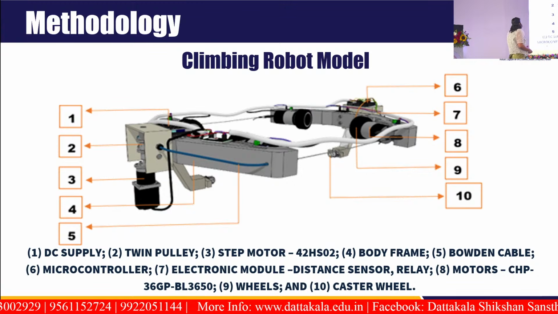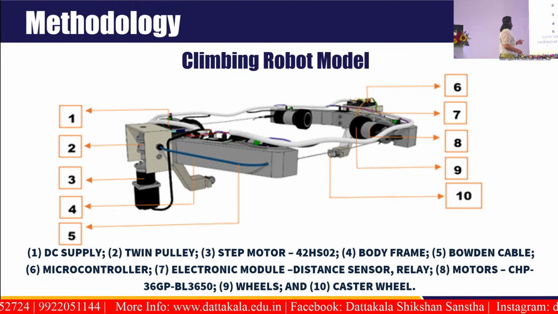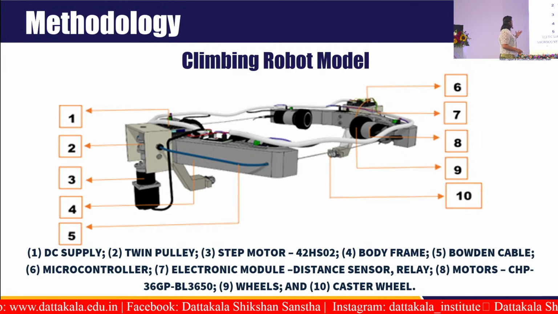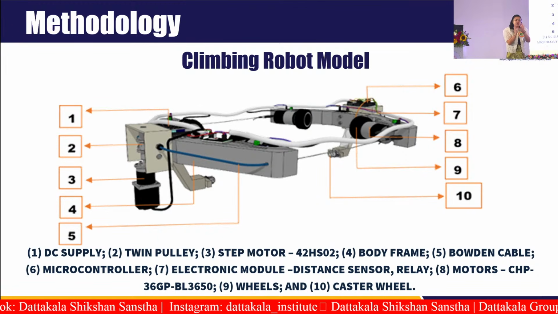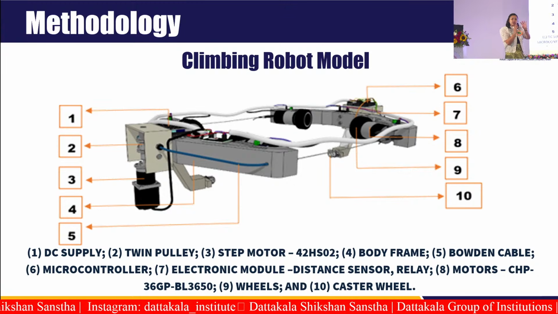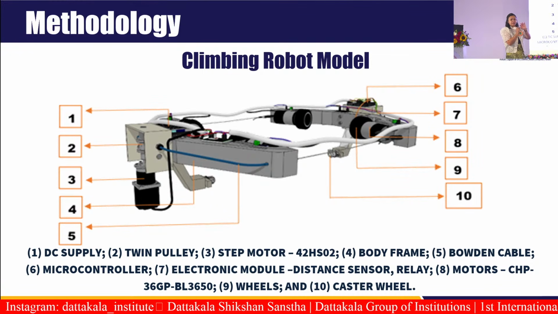Then we have these different parts. We have the power supply, the twin pulley, and the step motor, which are considered 1 and 2, the adhesion part of the adhesion mechanism of the study.